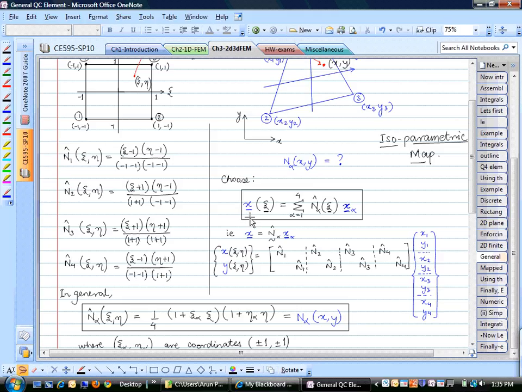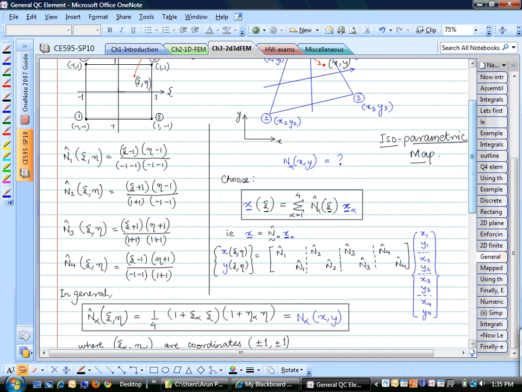We used to say that the displacement will be equal to the shape function matrix times the degrees of freedom for the finite element. Here we are doing the very similar thing, that the xy coordinate corresponding to some c and eta are going to be shape functions times the actual coordinates. So this is nothing but a map that allows you to go from the c eta domain to the xy domain.